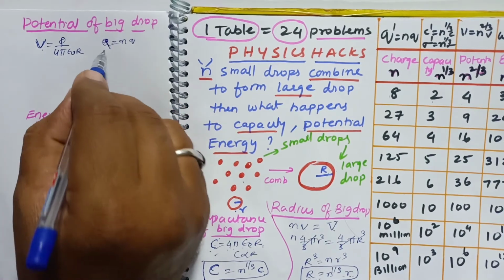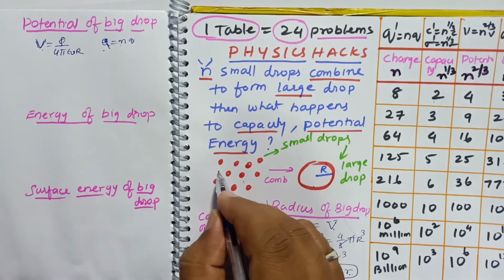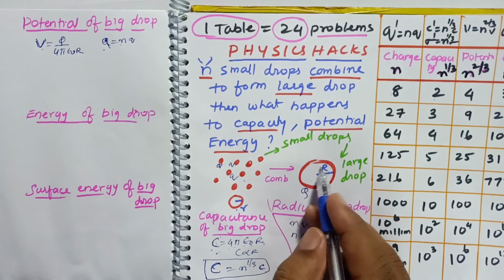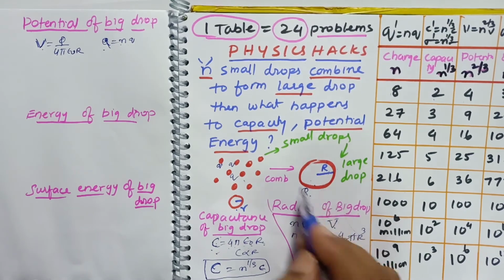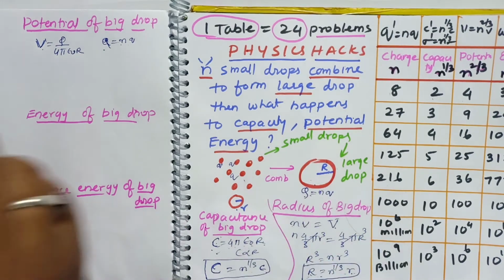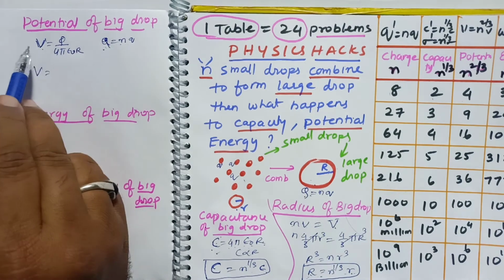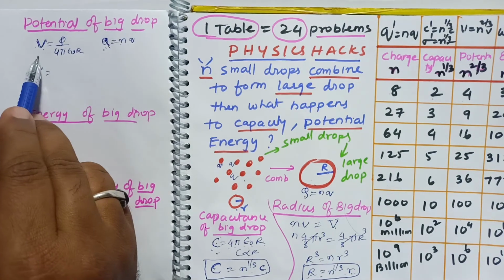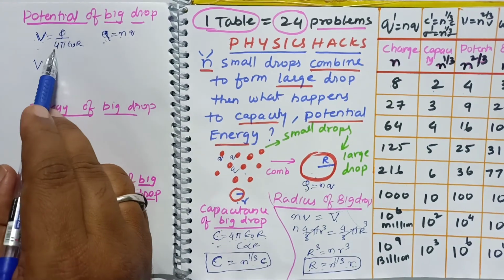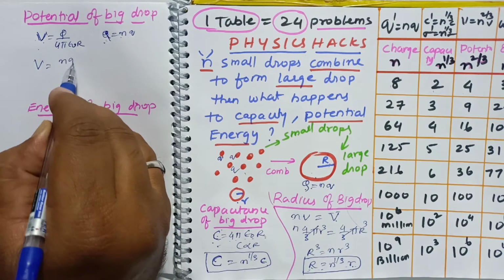So capital Q will become n times small q. Therefore V, the potential of the larger drop, is Q by 4 pi epsilon naught into R, and capital Q means n into small q.